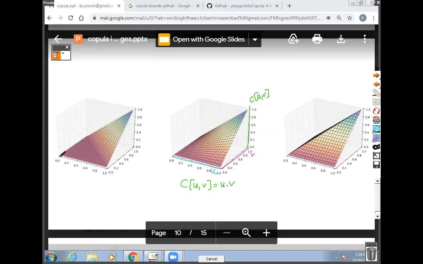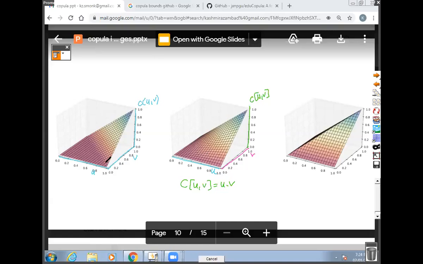Can you see this? This is again your U, this is again your V, and this is again your copula U comma V. But to figure out what kind of case this is, let us see what's happening over there. Can you guys guess what's happening over there?